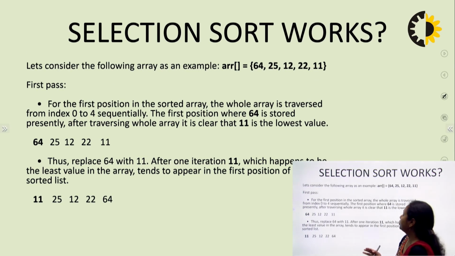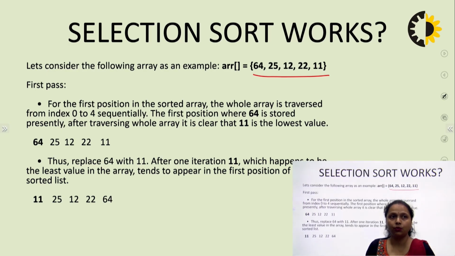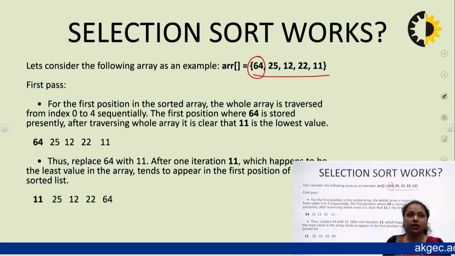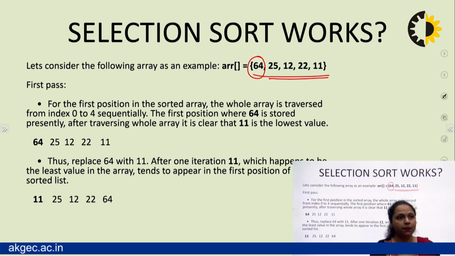So how does selection sort work? Suppose we have this particular array. In the first pass, what will we compare? We will assume that 64 is the smallest element present within the list. After that, we will look in the rest of the array whether any smaller element is present or not.